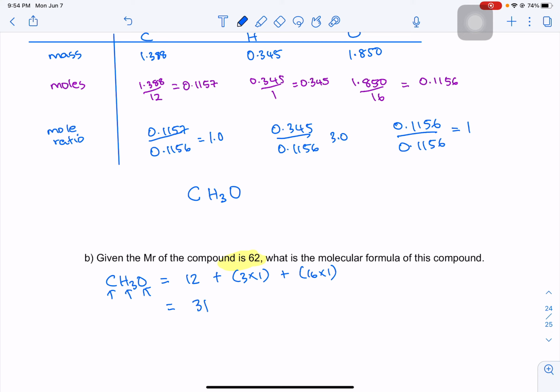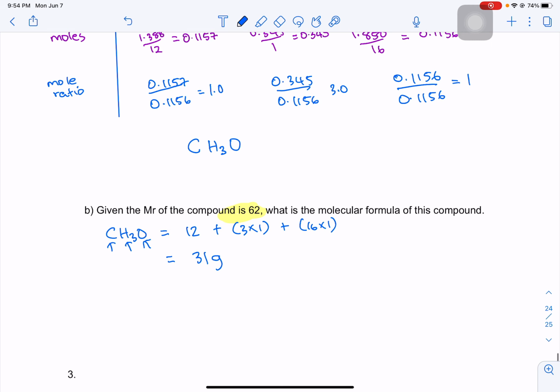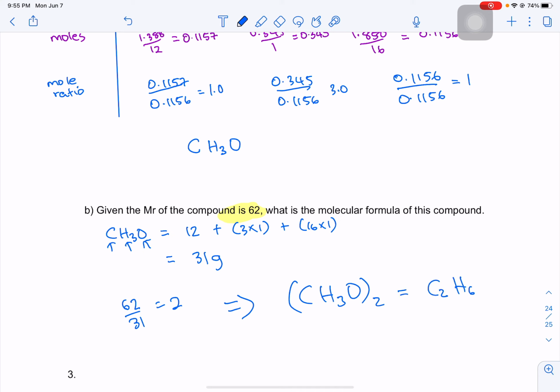So 1 mole of my empirical formula is 31 grams. But I'm told the molecular formula's 1 mole is 62 grams. So we want to see how many of these empirical units are in this molecule. That's 62 divided by 31, which is 2. And this implies that my formula is C2H6O2. And voila.